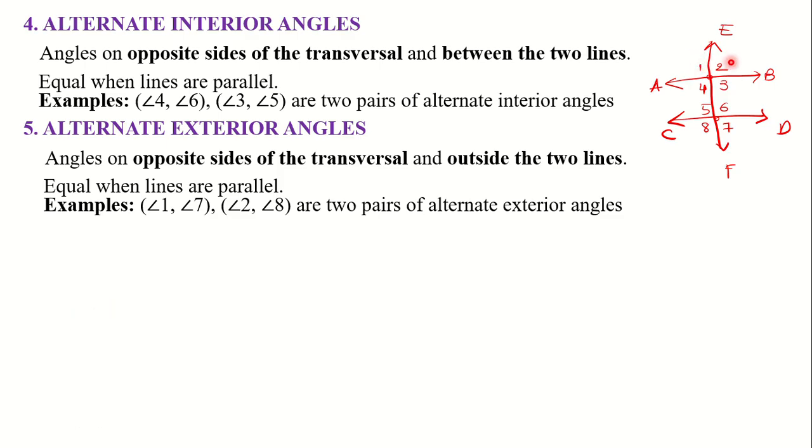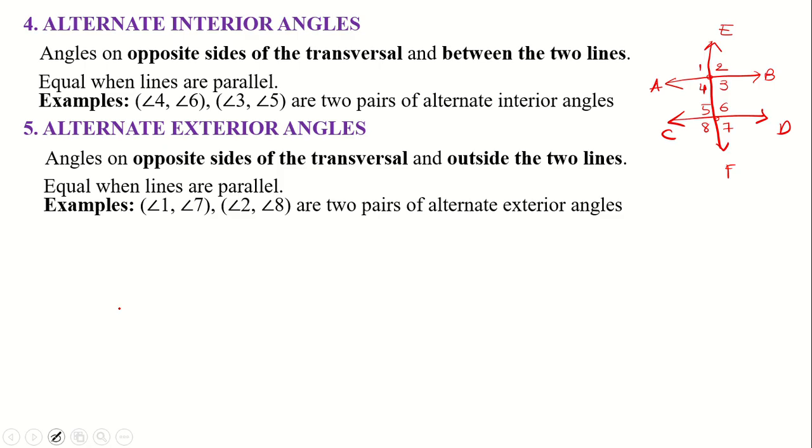They are angle 1, angle 2, angle 8 and angle 7. So in alternate exterior angles we have pairs of angles, right? They are on opposite sides of the transversal and they should be outside the lines. Now as you can see here, angle 1 and angle 7 are opposite to each other. So they form one pair, and angle 2 and angle 8 are the other pair which are alternate exterior angles, right?